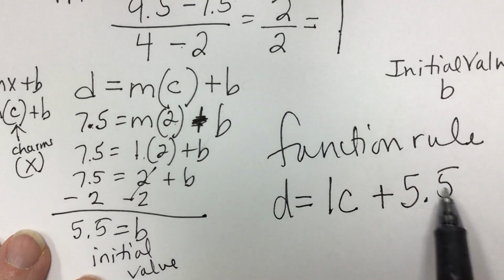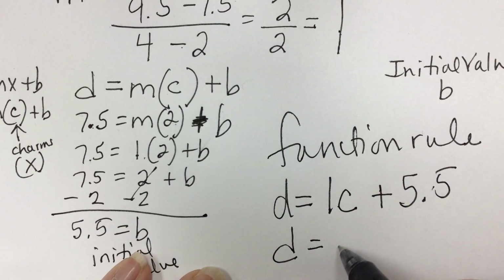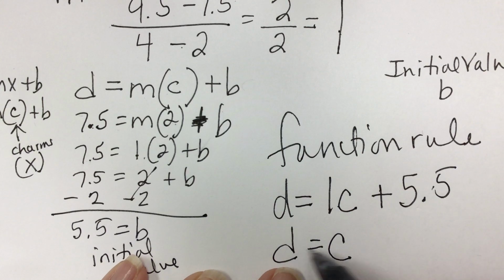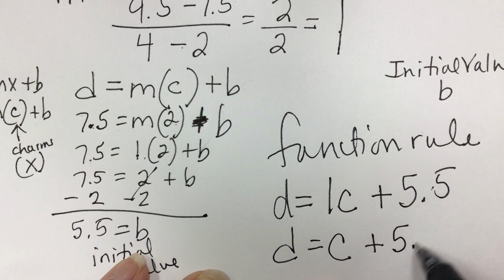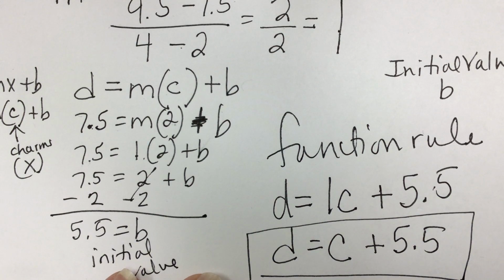Your B is 5.5. Now, remember, you don't have to put the 1. It's understood to be there. So we would really only want to put D equals C plus 5.5, where D is the cost of the bracelet with C charms, and C is the number of charms.